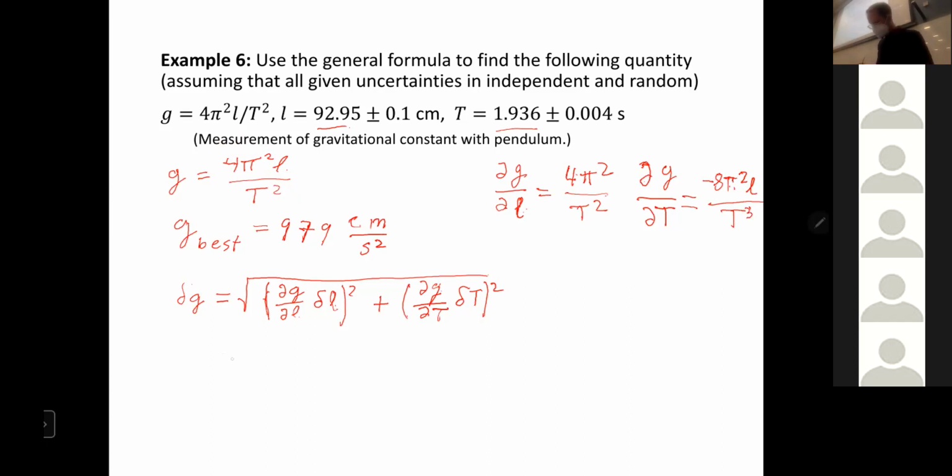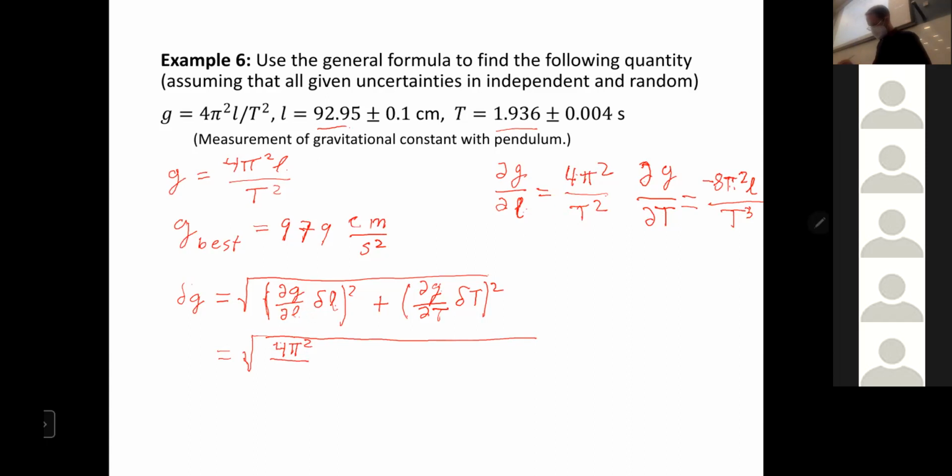Okay, so when we plug these into the formula, we're going to get the square root of, this first derivative is equal to this guy over here. So we get 4 pi squared, and then we're going to take this derivative at the best value of T, of course.